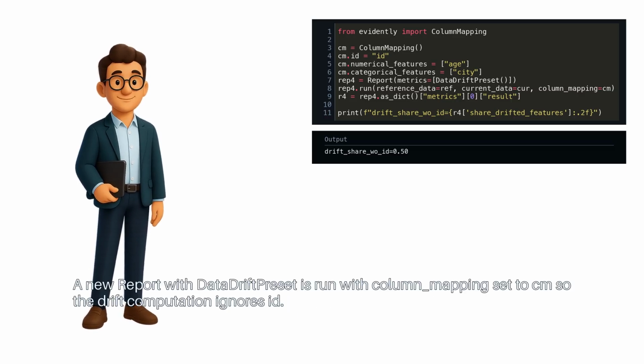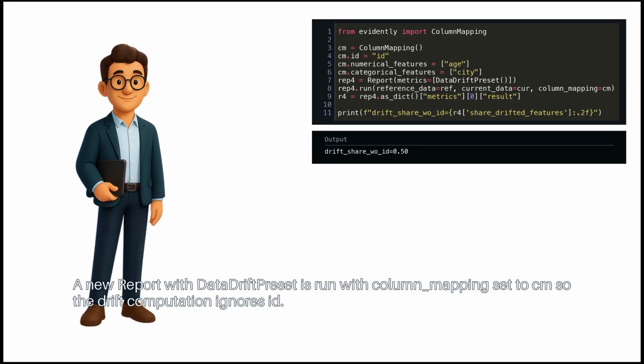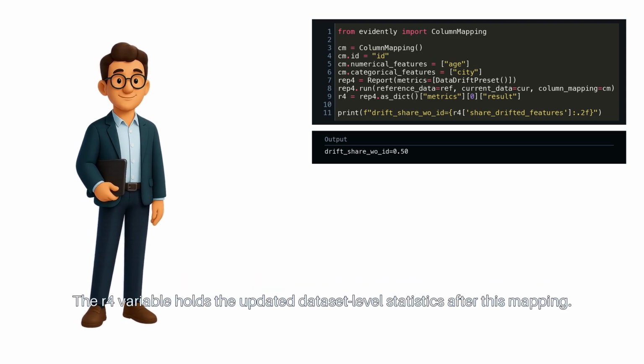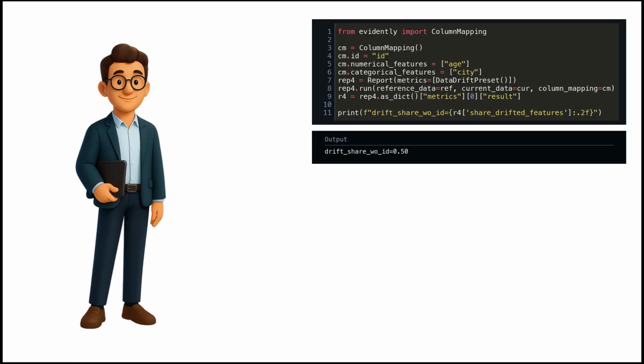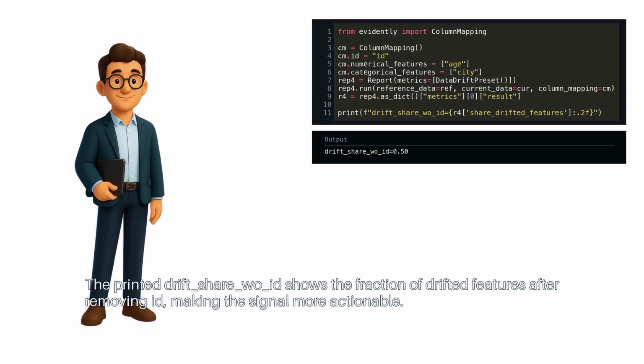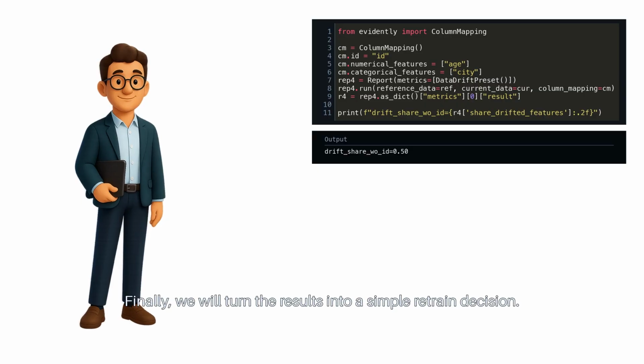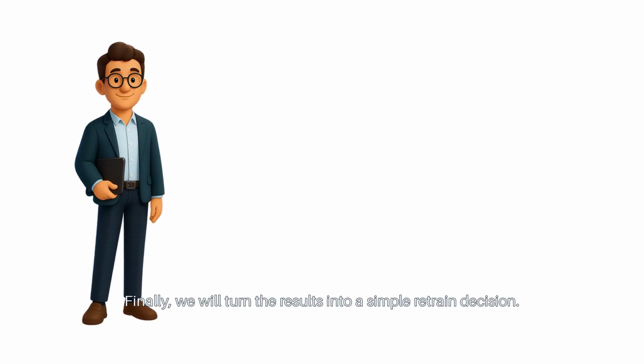A new report with DataDriftPreset is run with ColumnMapping set to cm, so the drift computation ignores ID. The r4 variable holds the updated dataset level statistics after this mapping. The printed drift share without ID shows the fraction of drifted features after removing ID, making the signal more actionable. Finally, we will turn the results into a simple retrain decision.